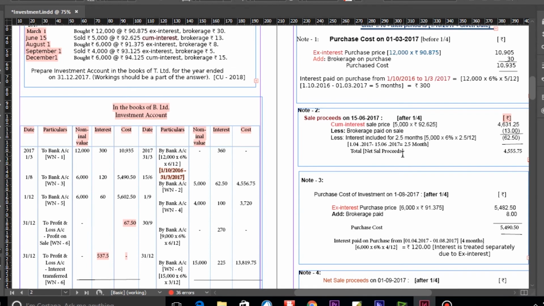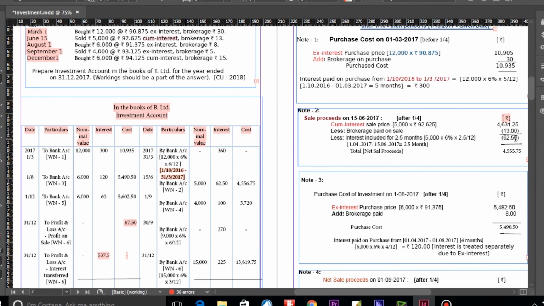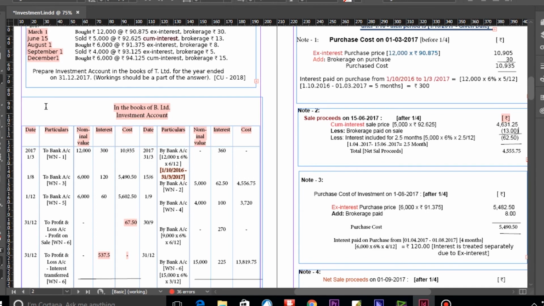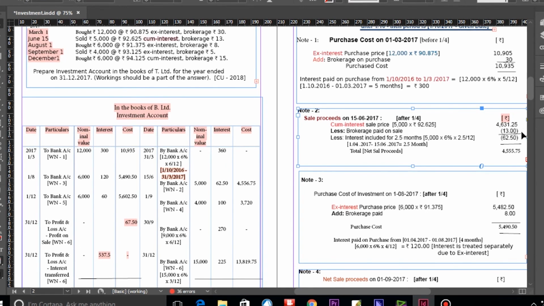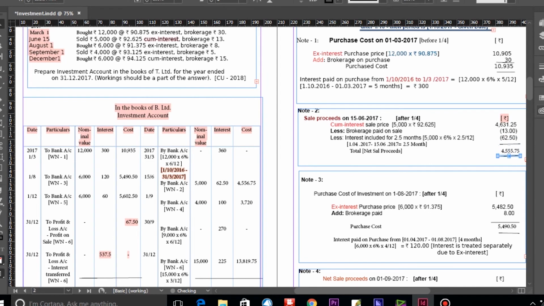How did I get the amount of rupees 4,556.75? You have to deduct 13 rupees as brokerage from the sale price. At the same time, you have to deduct interest from sale price, because it is a cum interest. Cum interest means interest is actually added beforehand.